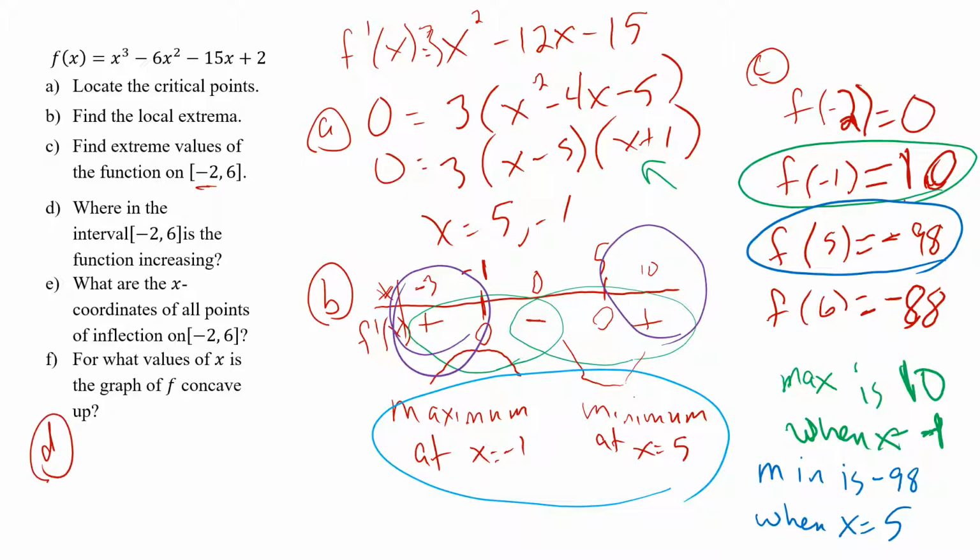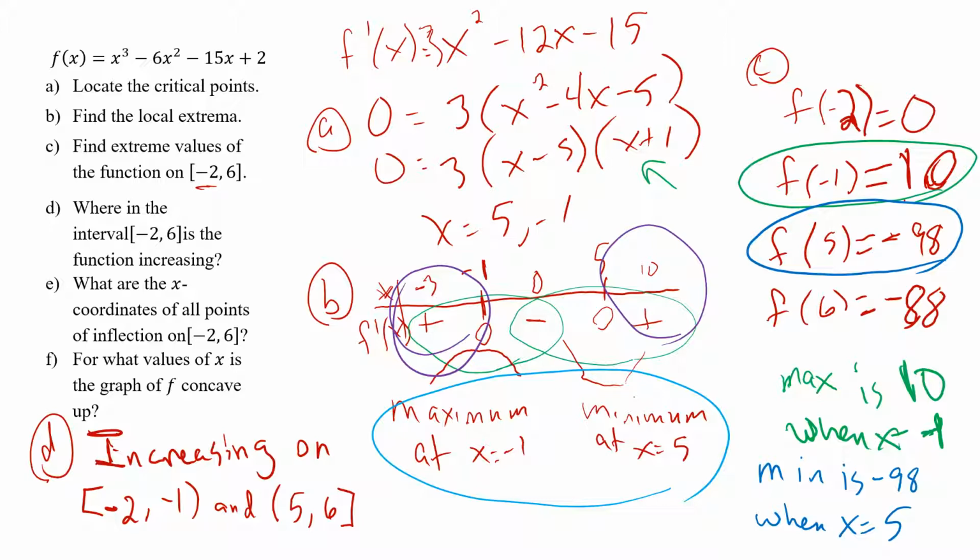D, increasing on. So from the beginning of the interval to -1, so that would be -2 to -1, and 5 to the end of the interval, 5 to 6.